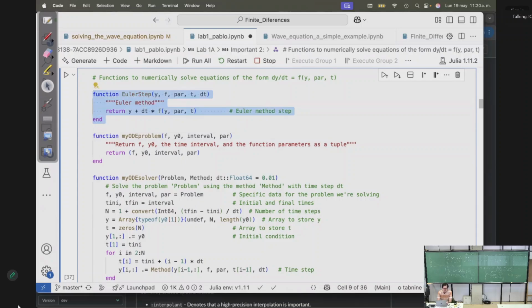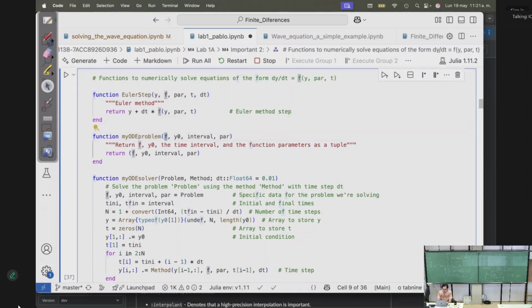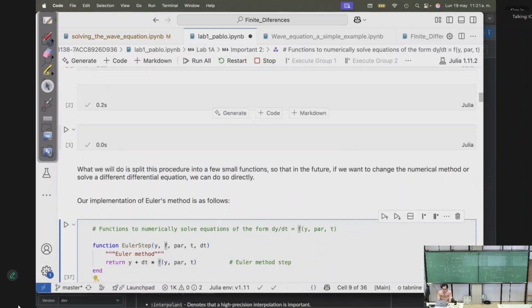If later on I want to use a different method, I just define, for example, Runge-Kutta 2, Runge-Kutta 4, whatever I want, and I can simply change this function here. This part defines the problem that I want to solve. In the f, I put the f that I have on the right hand side of the equation.